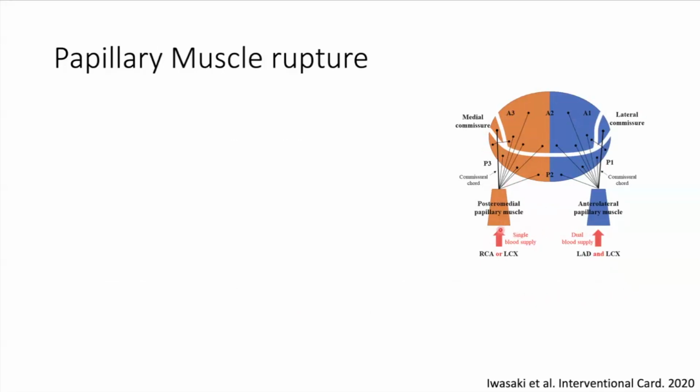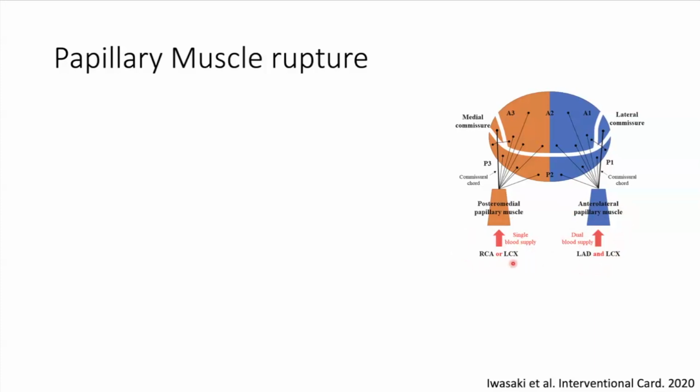We have two muscles, and each can have multiple heads. The interesting thing is that the anterolateral papillary muscle has dual supply. It's supplied by LAD and circumflex, whereas the posteromedial papillary muscle has single coronary supply. So it's either the RCA or the left circumflex.